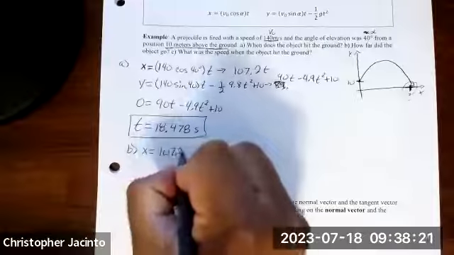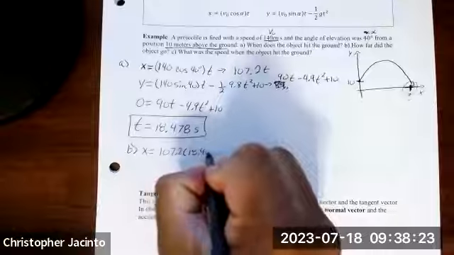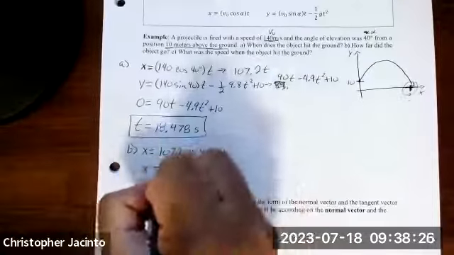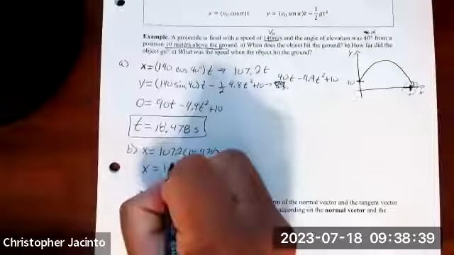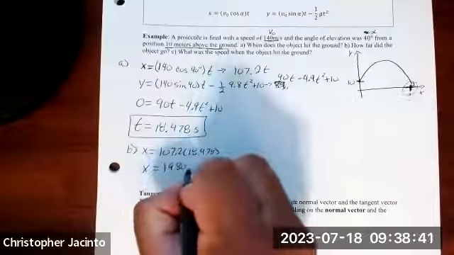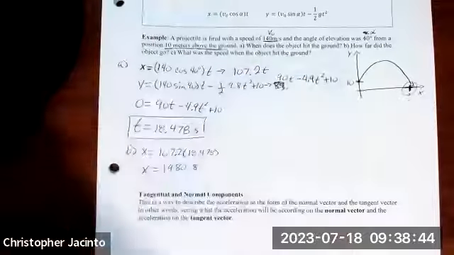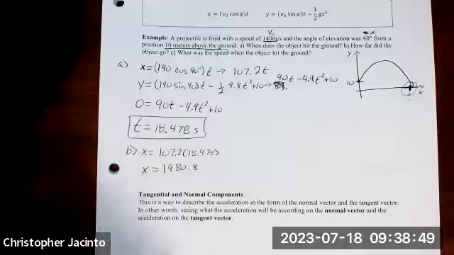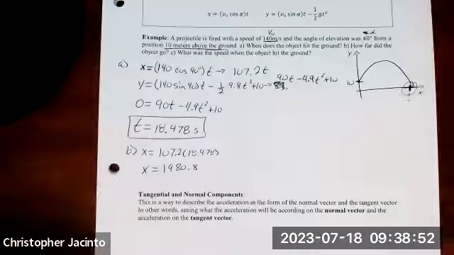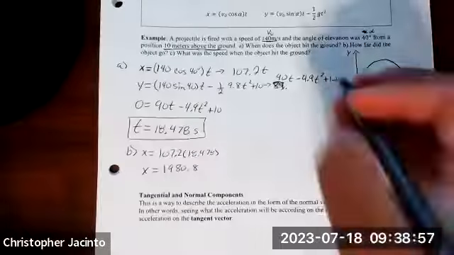So it's 107.2 times 18.478, and that gives us about 1,98, let's say 8. So B is much easier once you get the A value itself, right?